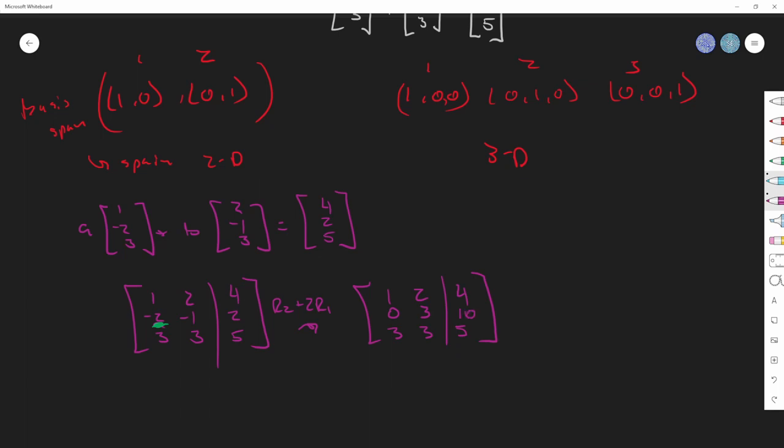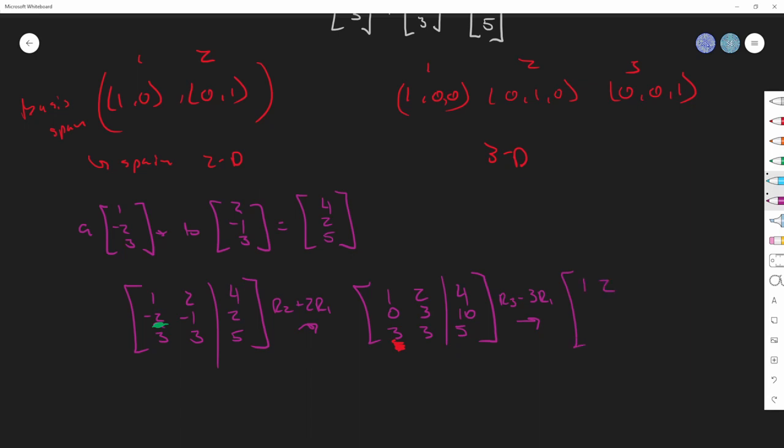All right, cool. So now we can also get rid of one of the 3's, this 3 right here, with the same one. So now we're going to take r3 and subtract 3 times r1, and that's going to give us a new matrix.